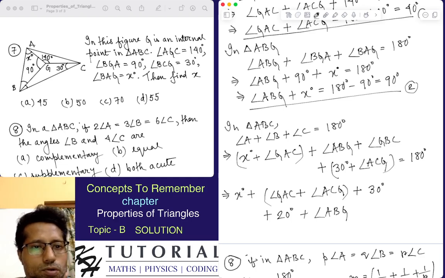No other information is given. In the figure, G is an internal point of ABC. Nothing is given about the lengths of the sides. No equal sides are given.